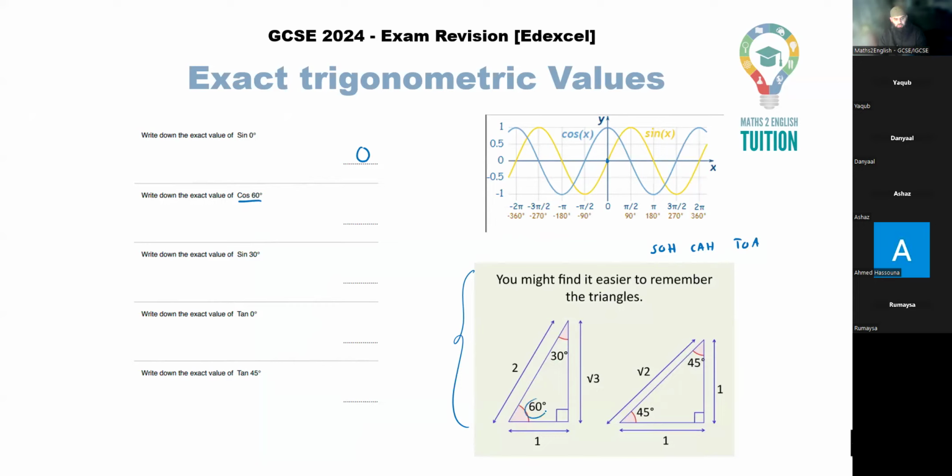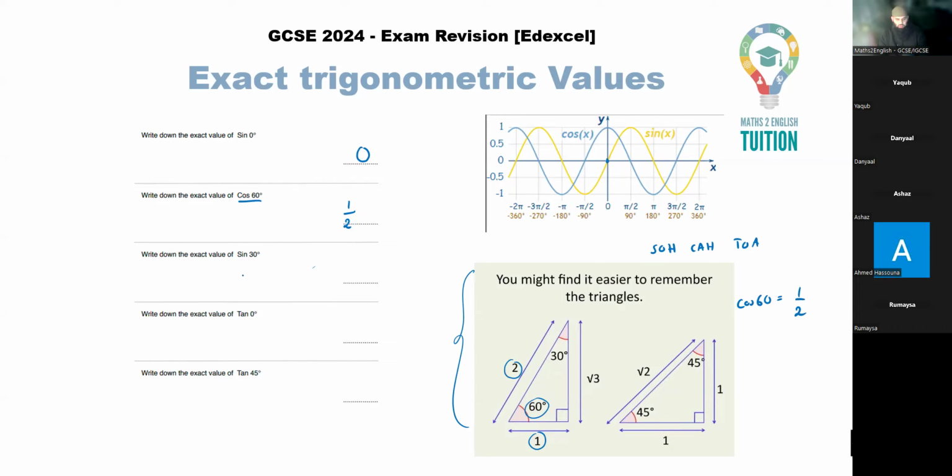So if this is 60, the hypotenuse is 2 and the adjacent is 1. So cos 60 is 1 over 2, a half. I can work that out there as well.